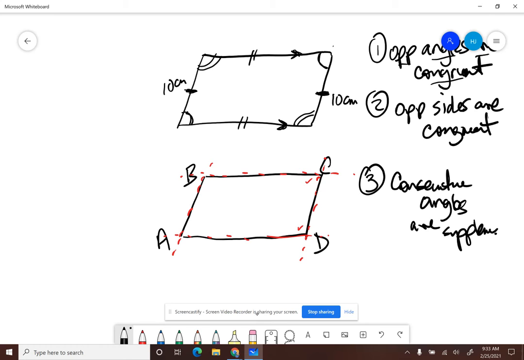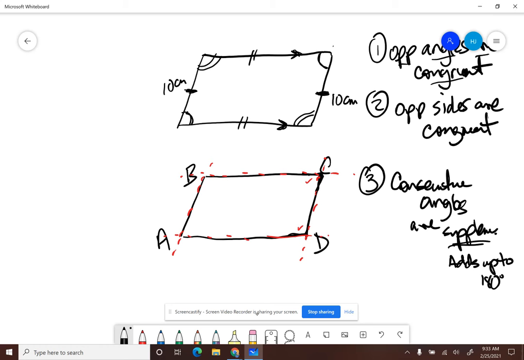Consecutive angles are supplementary. So what that means, if you remember from same side interior angles, you notice that this one is an acute angle, whereas this is an obtuse angle. So remember, if something is supplementary, that means it adds up to 180 degrees. Okay, and we're going to look at some examples of each one of these, so don't get too worried about it, because we're going to look at each one.